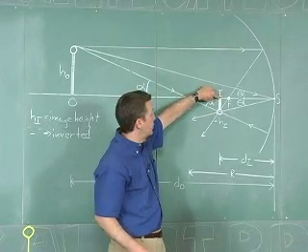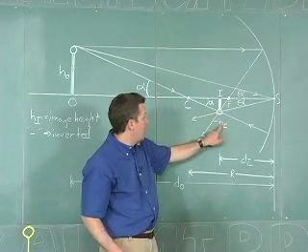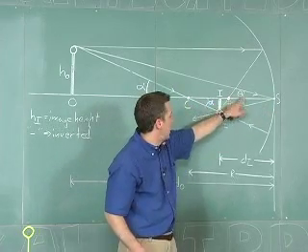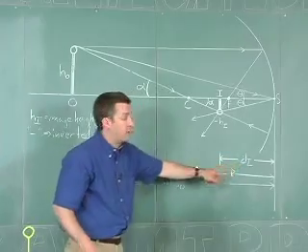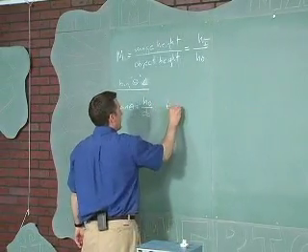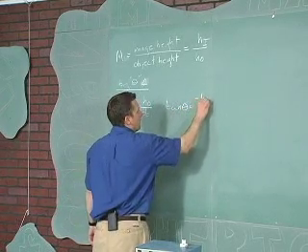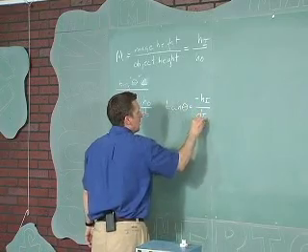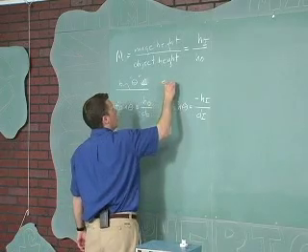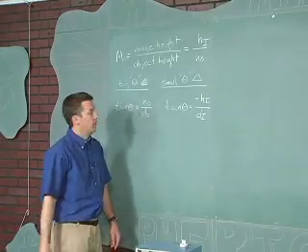So again, we'll use tangent, where the side opposite theta is the negative height of the image, and the side adjacent to theta is the image distance. So the tangent of theta here will be defined as the negative image height to the image distance. Let's call it the small theta triangle, for the image.